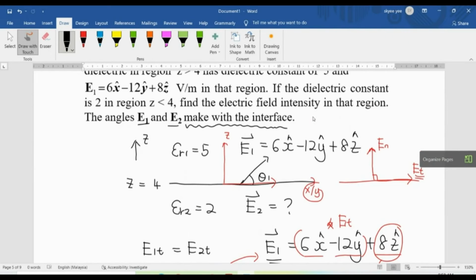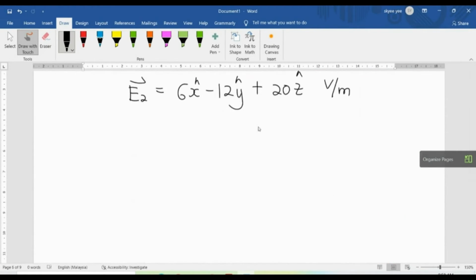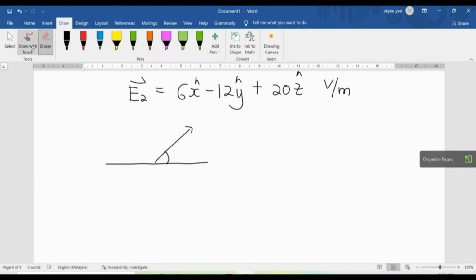Okay, so now we already settled the electric field intensity in region 2. Now we are going to find the angle E1 and E2 make with the interface. So I will draw the interface again. Your E1 is in this direction, and this should be theta 1.